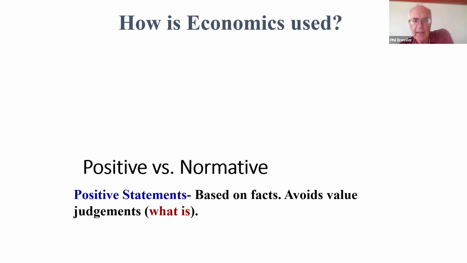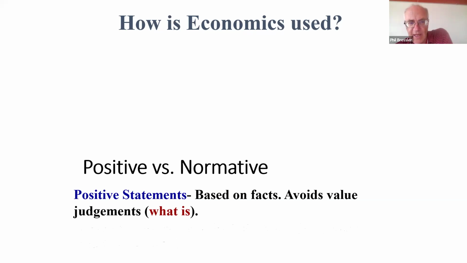And then I wanted to go over two statements, and then I think we'll do some comparative advantage. A positive statement is based on facts. A positive statement is unemployment is 6%. That's a fact.